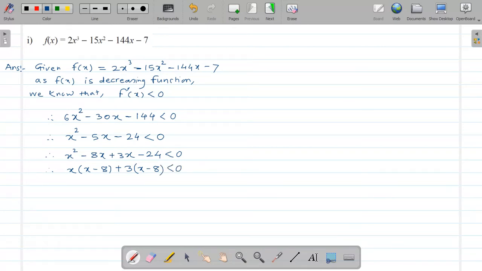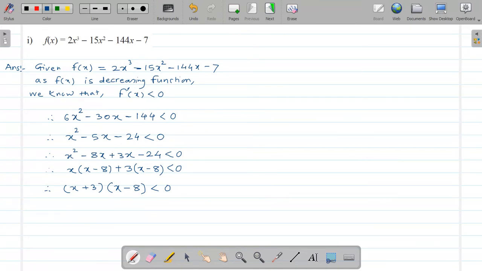So you get two factors of this quadratic: one is x plus 3 and the other is x minus 8, and the product of these two linear factors must be less than 0. This is the condition we have to follow because the function is decreasing. Here, x plus 3 into x minus 8 is less than 0.